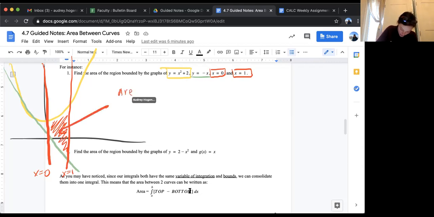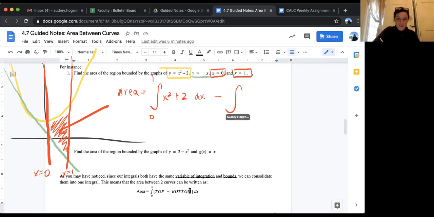Area is equal to the integral from, our bounds are 0 to 1, because that is what bounds the area we want to find, our shaded area that we see in our picture, of f of x, which is x squared plus 2 dx, minus the area under the curve of our other function, which is still going to be from 0 to 1, and our g of x is negative x dx, okay?